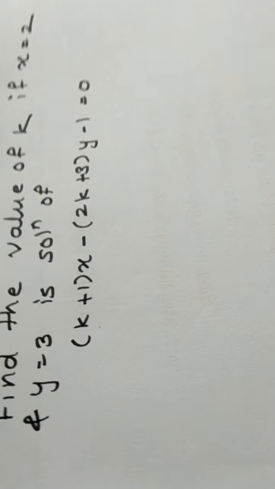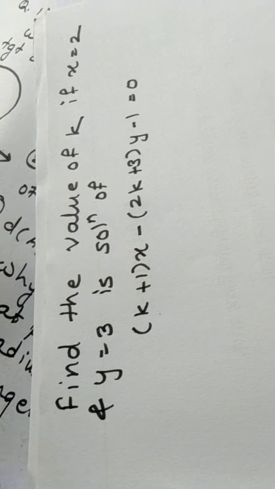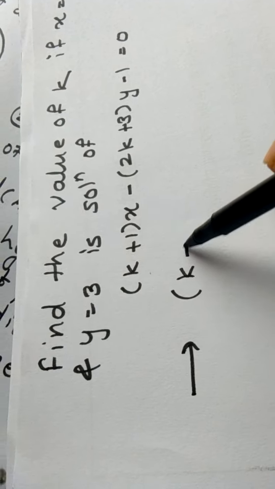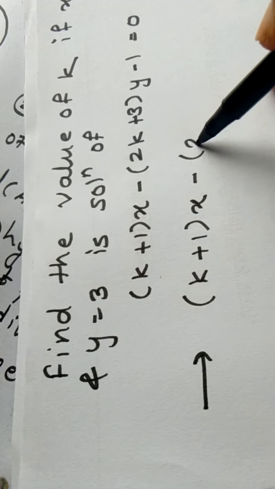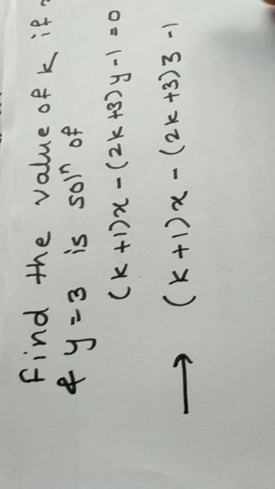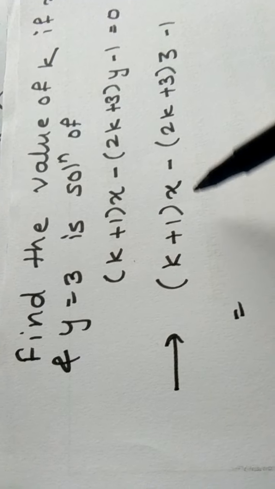Now see, what we have to do, we have to find the value of k. If x is equal to 2 and y is equal to 3, put the values of x is equal to 2 and y is equal to 3. Now we have to solve this equation.